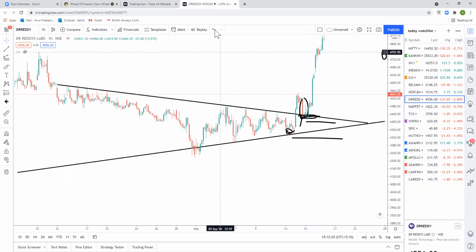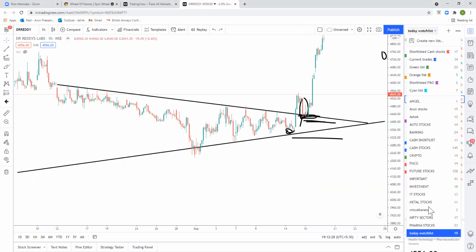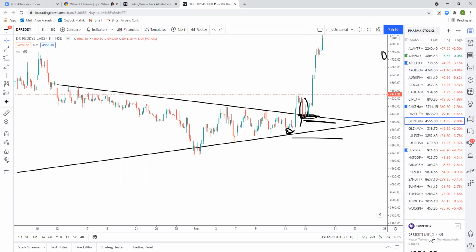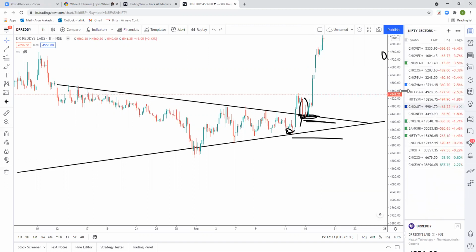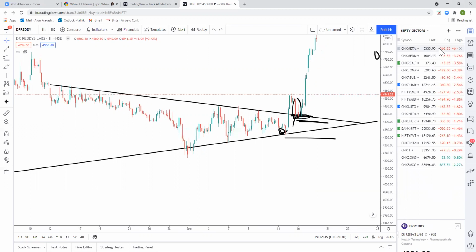And do you also do sector analysis before taking a trade? Yeah, bro, I do analyze the sector also. I have this list with me, which I can also share in the group. So this is the metal sector.